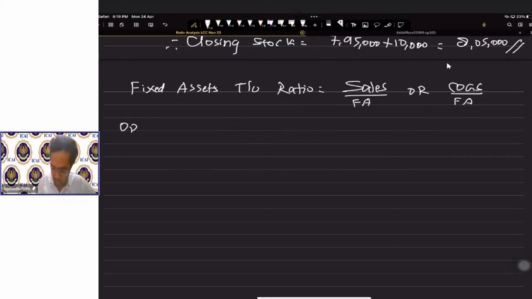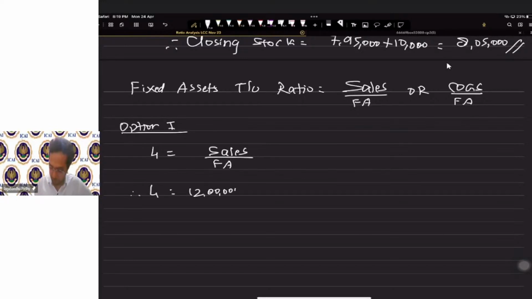If I use the first option, fixed asset turnover ratio is given as 4. So 4 is equal to sales upon fixed asset, right? So we have 4 is equal to sales is 12 lakh upon fixed asset.